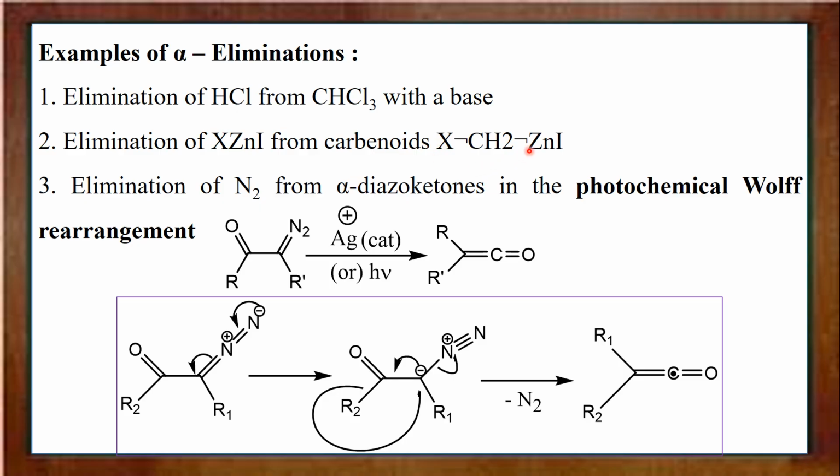Halogen and the zinc iodide part from this side are eliminated from the same carbon, resulting in the formation of a carbene, CH2, methylene.